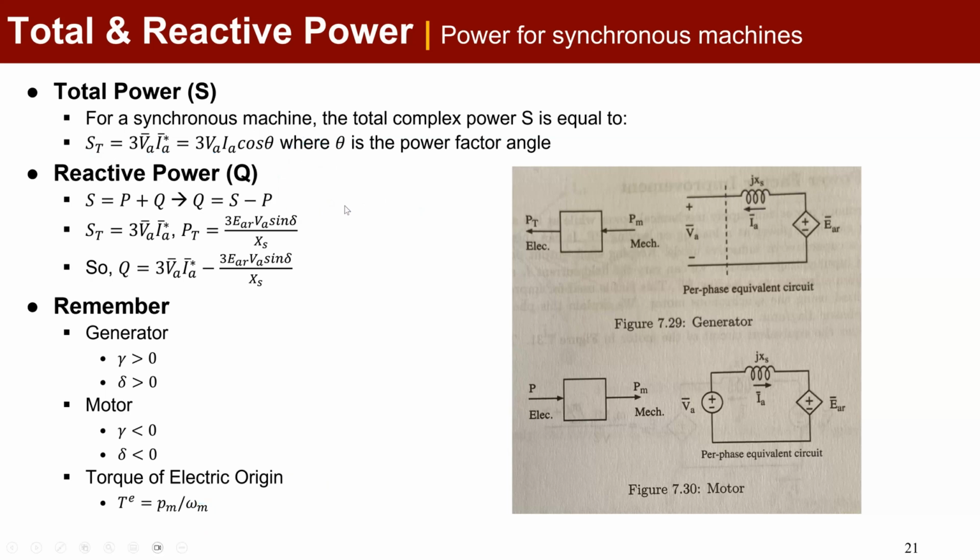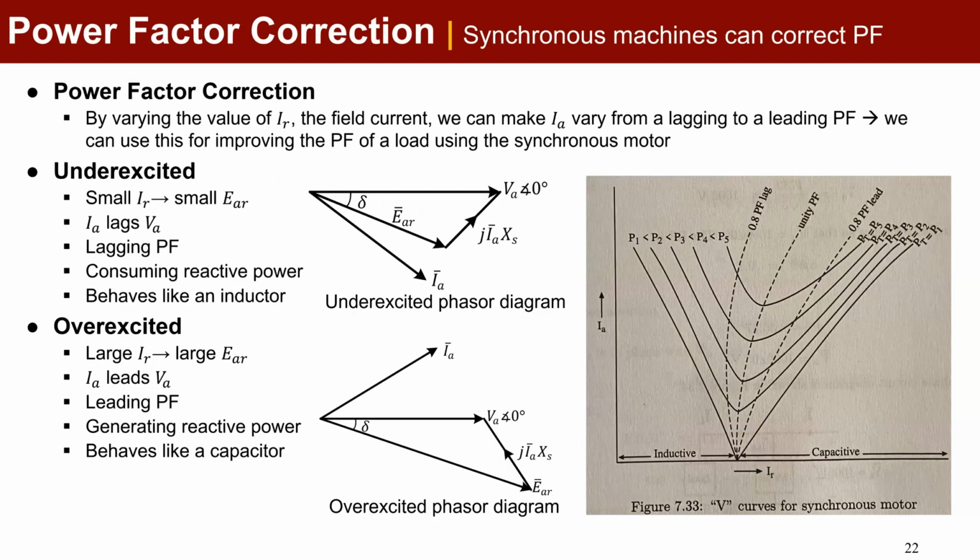Okay, and then lastly, let's take a look at power factor correction. We talked about how synchronous machines can be used as a generator, and as a motor, but now we're going to talk about how they can be used as a power factor correction device.